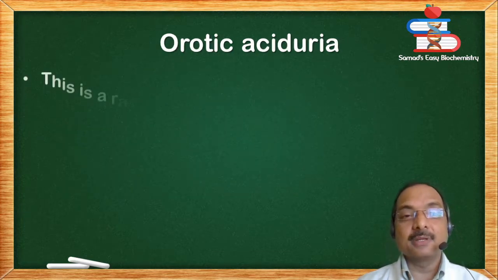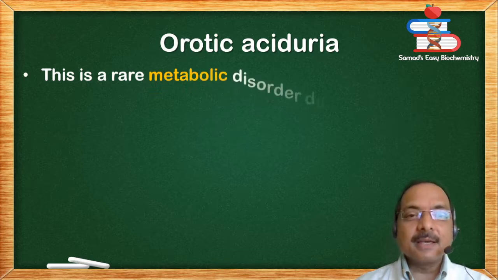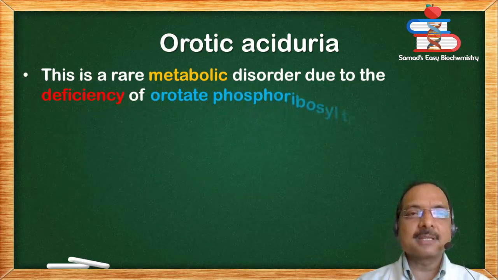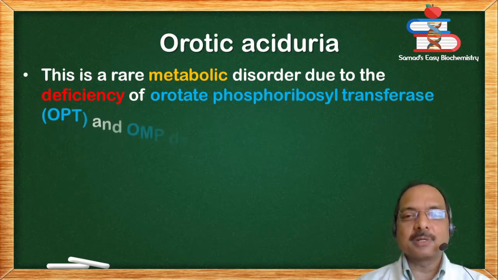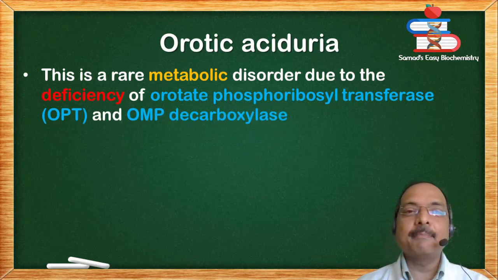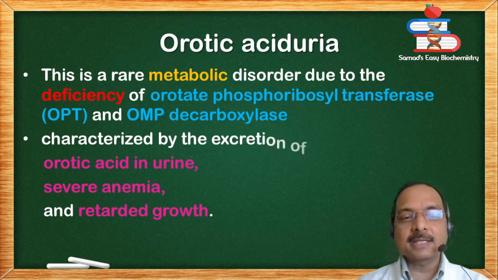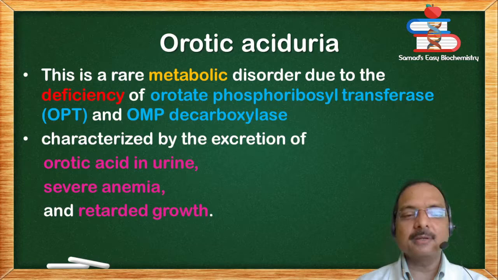Orotic aciduria. This is a rare metabolic disorder due to the deficiency of the enzymes orotate phosphoribosyl transferase, OPT, and OMP decarboxylase. It is characterized by the excretion of orotic acid in the urine, severe anemia, and retarded growth.